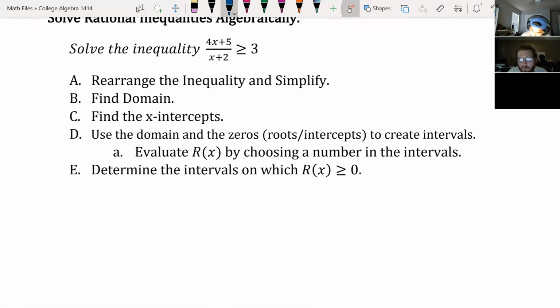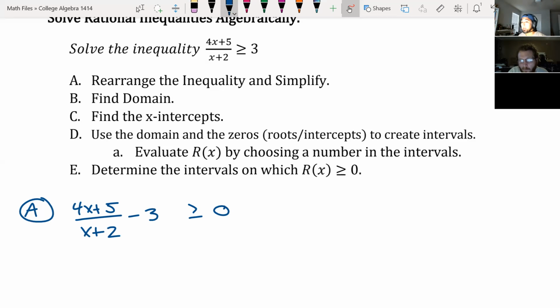And simplify. So for A, we have (4x + 5)/(x + 2). I'm going to move the 3 over. You'll have minus 3 greater than or equal to 0. The reason I space it out is because we're going to need to combine these two terms, which means 3 has to turn into a fraction.